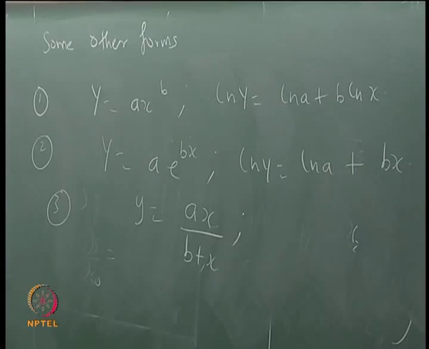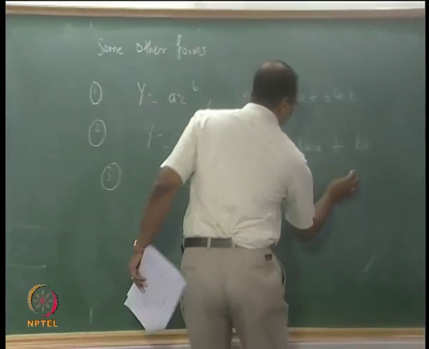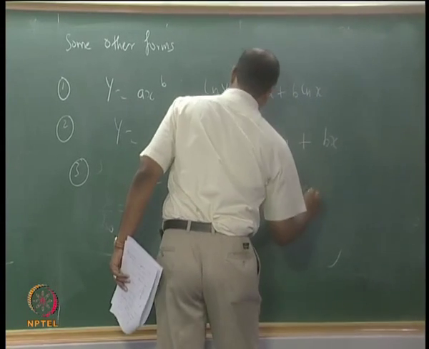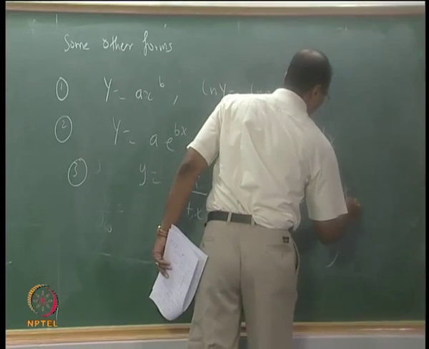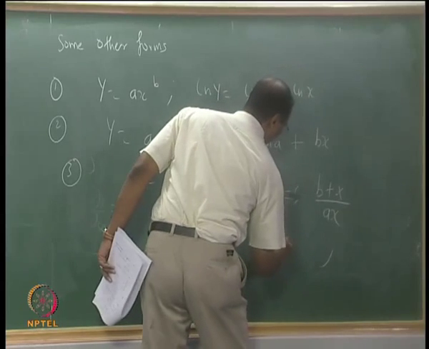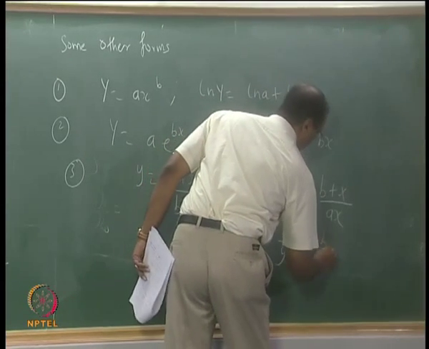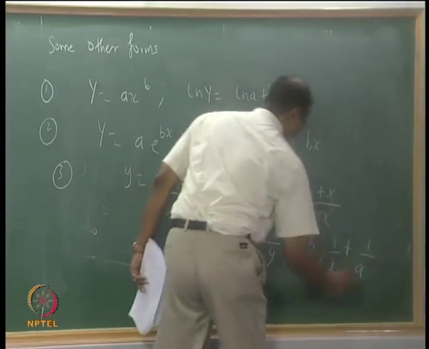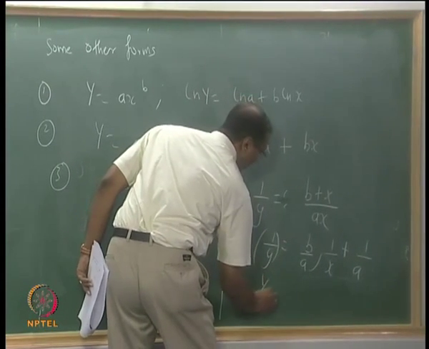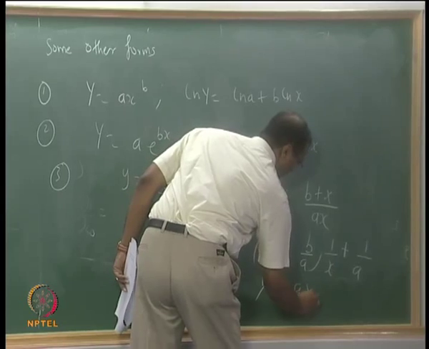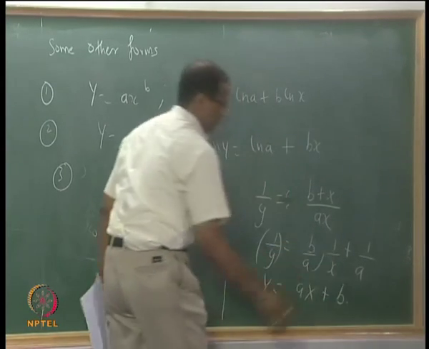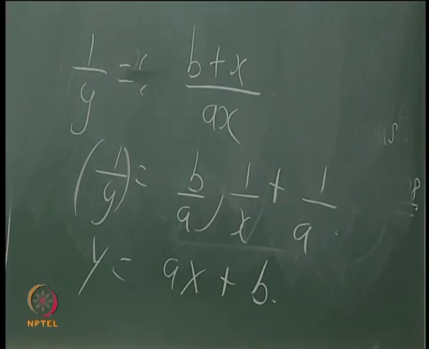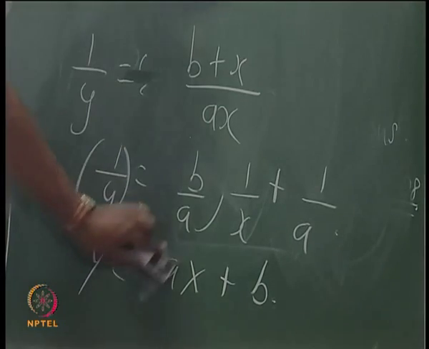So take 1 by y. 1 by y is b plus x by ax, right. So here 1 by y, okay, so this becomes y. If I put a b you will get confused. I will put y is equal to mx plus c.